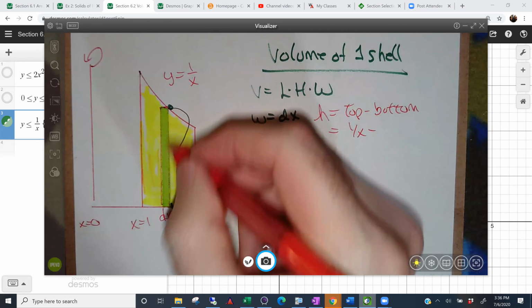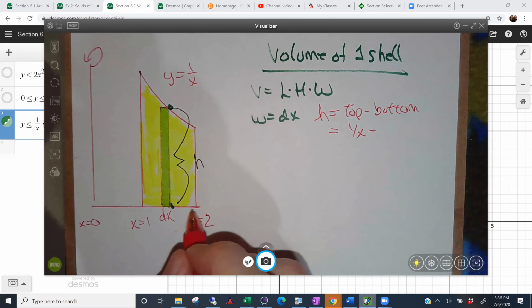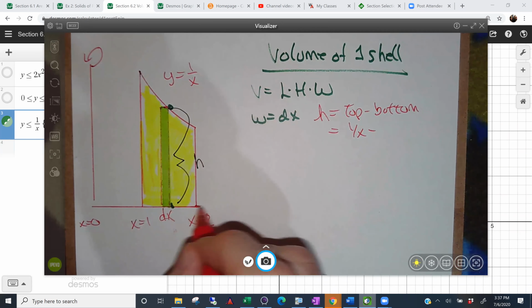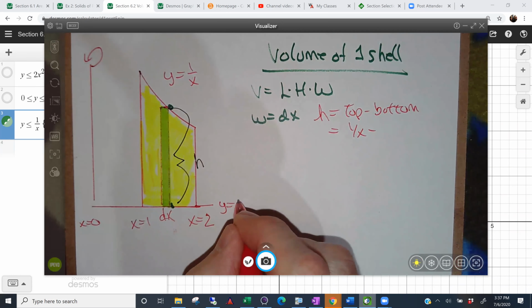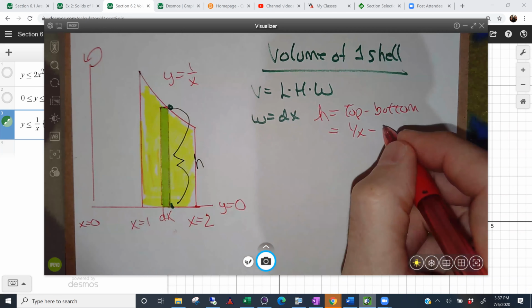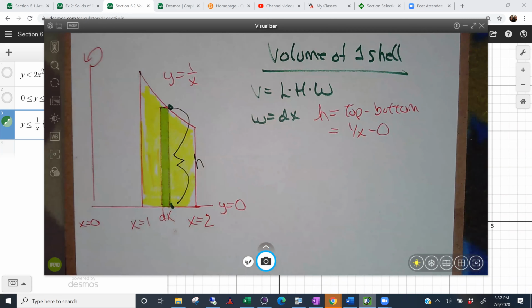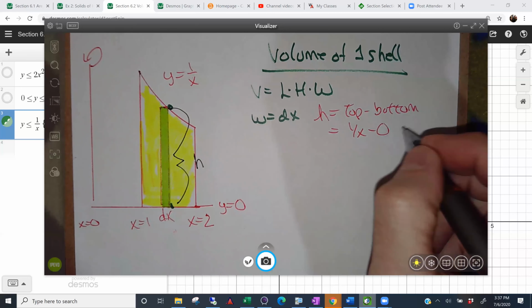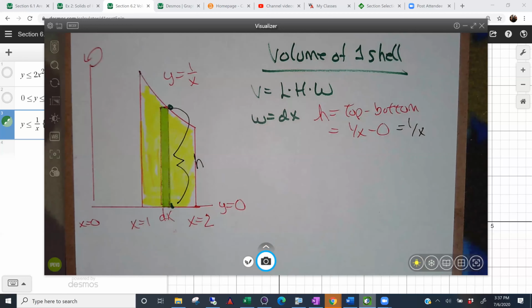I don't know. Minus, oh, not dx, but what's the equation of this line? 0. Just 1 over x minus 0. You okay with that? Thank you. So that just turns into 1 over x.